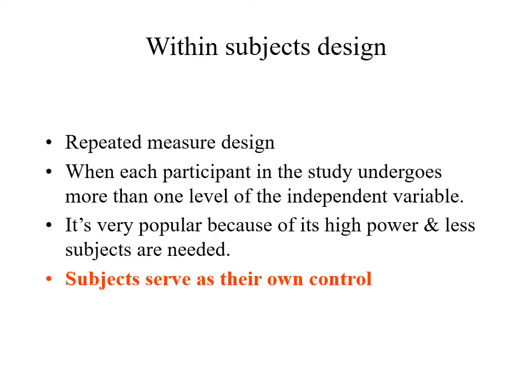You have exactly the same subjects drink zero coffee, and then you test them on attention. Then you give them 1 cup of coffee, and test their attention again. Then you give them another cup, which makes it 2 cups of coffee, and test their attention again. So it's the same subjects that go through these different levels of the independent variable. All of them go through all of the levels.